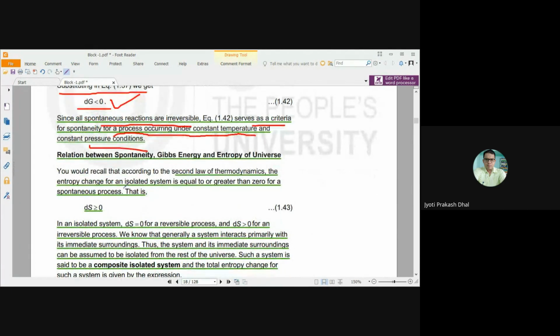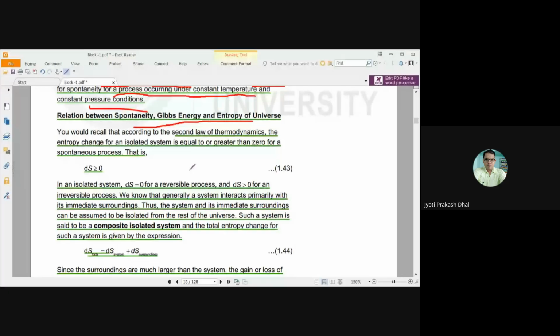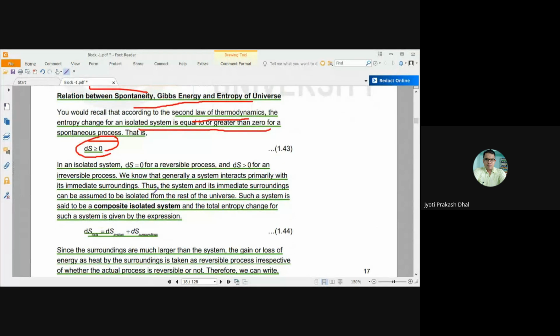Now coming to the relationship between spontaneity, Gibbs energy, and entropy of the universe. Again, according to the second law of thermodynamics, the entropy change of an isolated system is equal to or greater than 0 for spontaneous processes, that is dS is greater than or equal to 0 for an isolated system. dS equals 0 for a reversible process and dS greater than 0 for an irreversible process.